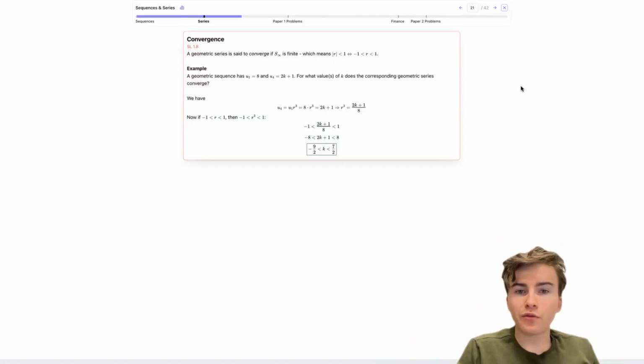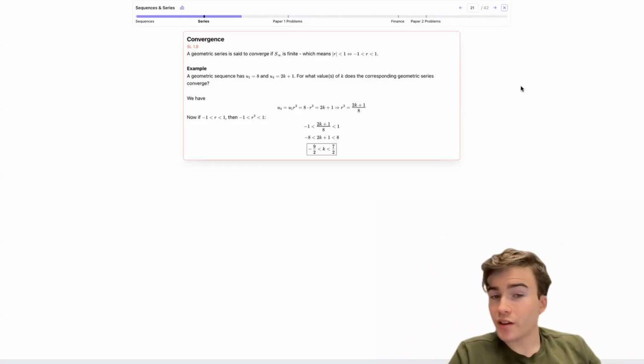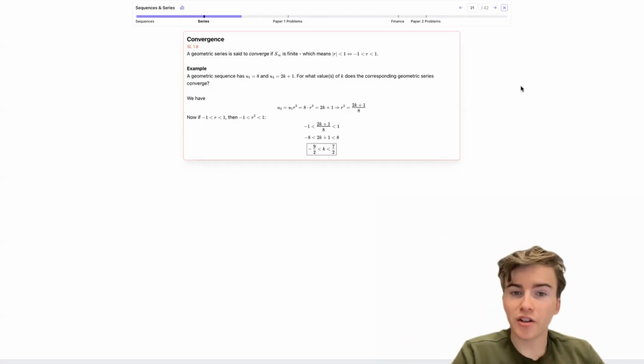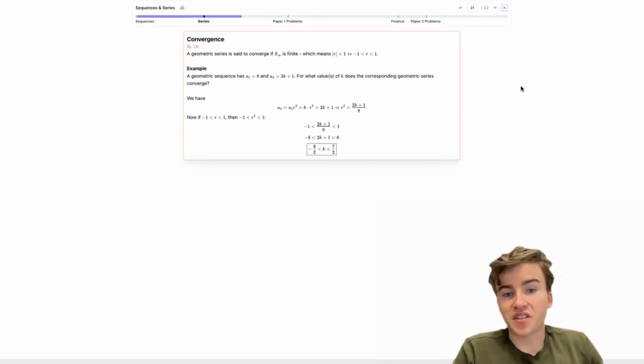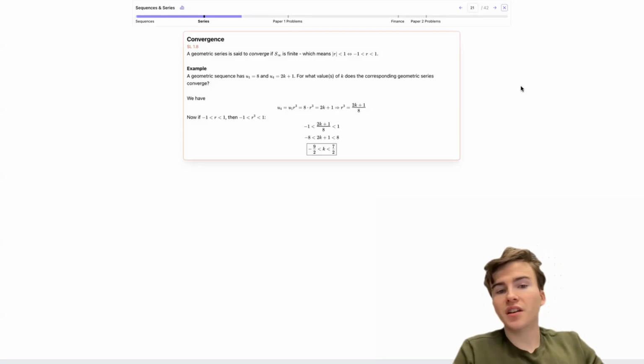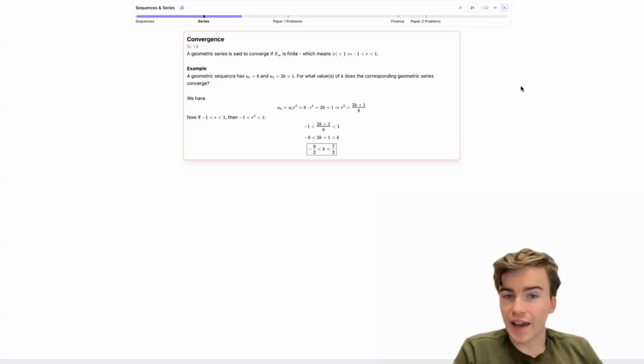Here I've given you the fourth term and the first term, which means you can isolate r cubed by doing the fourth term divided by the first term, because the fourth term is just 8 times r times r times r, so 8 times r cubed, and that's supposed to be equal to 2k plus 1. That means the common ratio cubed is just 2k plus 1 over 8.